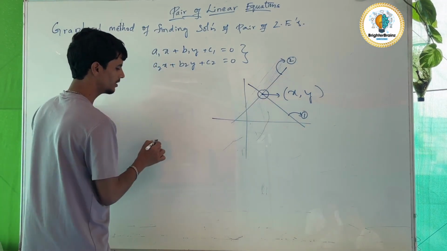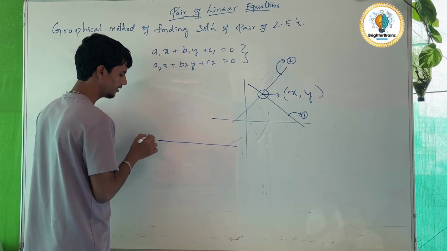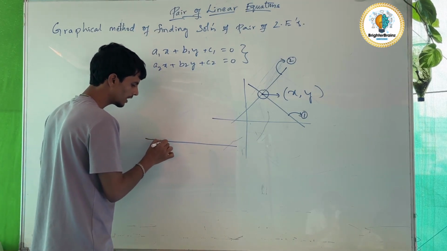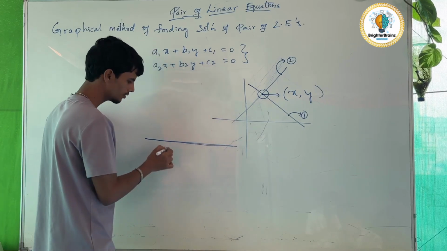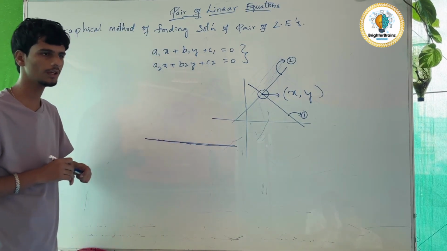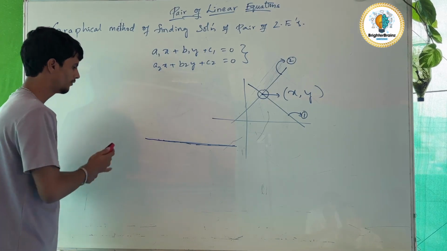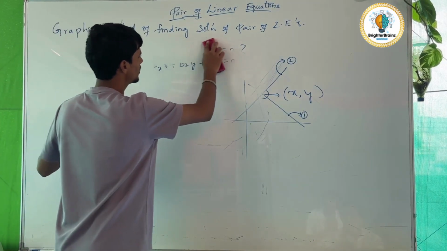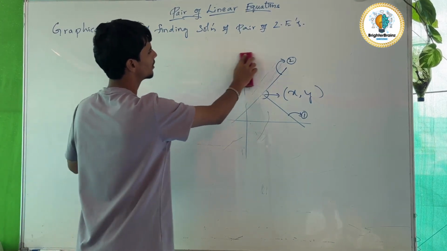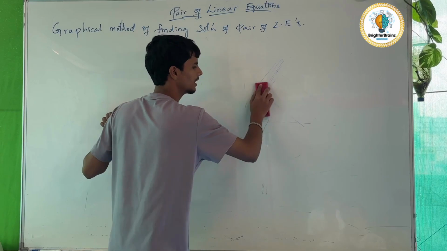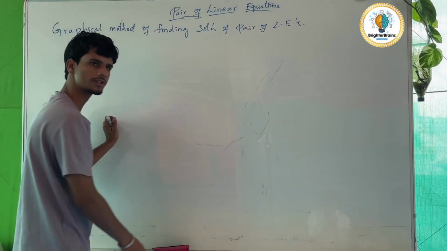Coincident lines are lines where one line overlaps the other, so you get infinitely many solutions. So what is the first step? First you need to know the type, or nature, of the lines.